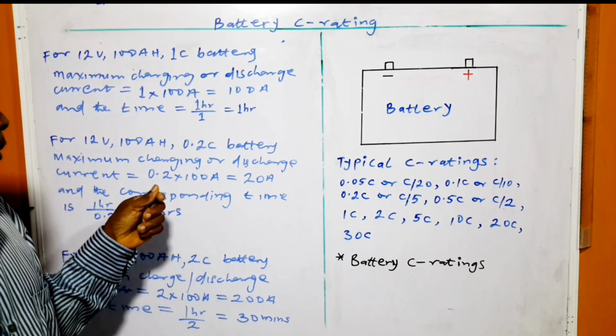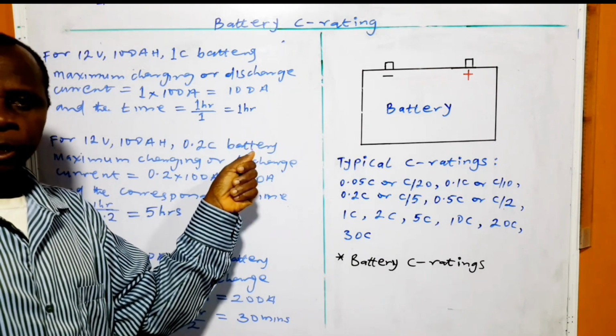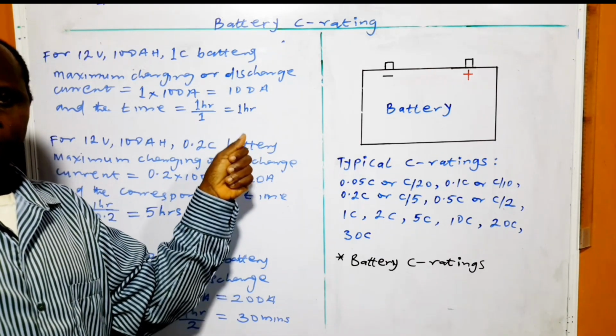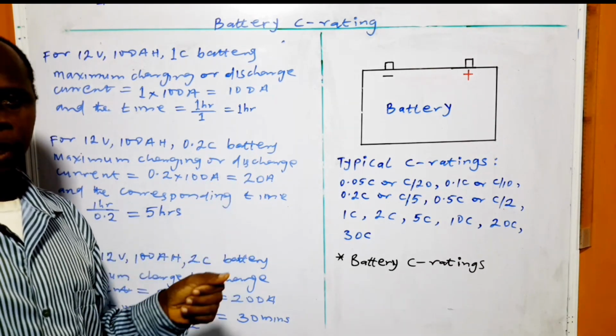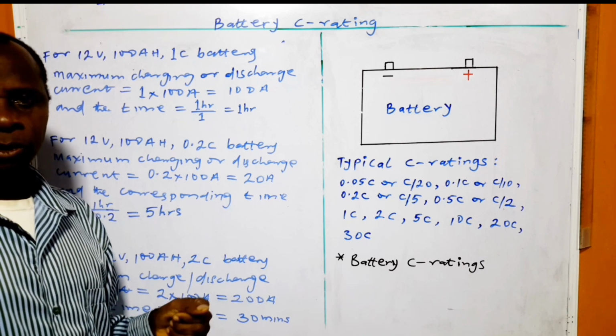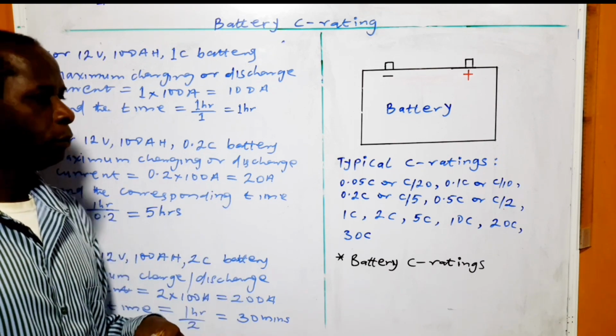And at the same time, if you discharge it at the appropriate maximum current but beyond the appropriate time, you also put the battery at risk of being damaged. So those two situations should be noted.